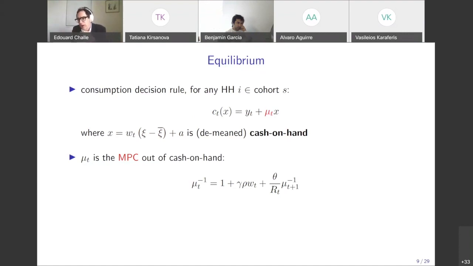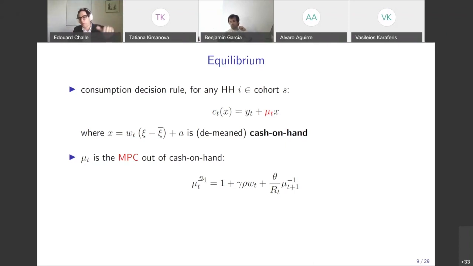Why is it forward-looking? Well, because it's going to be affected by your ability to use, inter alia, the credit market for self-insurance. I took the example earlier of an agent who's hit by a bad shock and an agent who's hit by a good shock. The agent hit by a bad shock is going to want to borrow to buffer the effect of the shock, and how much he will be able to do that will affect the pass-through from the income shock to consumption.